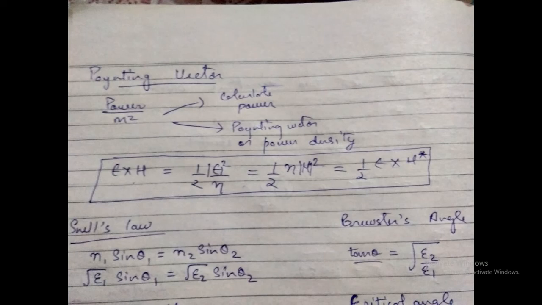Or, given the equation, we need to find the magnitude of the electric field or magnetic field, whatever is given in the equation, and apply this formula. Here eta is equal to 120 pi, you can take it every time.